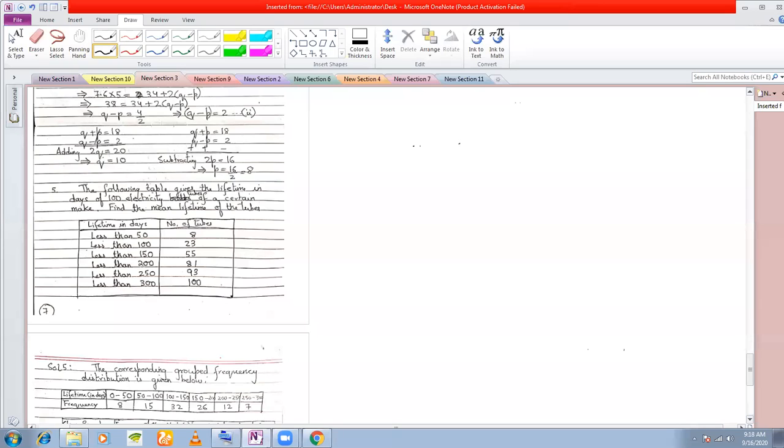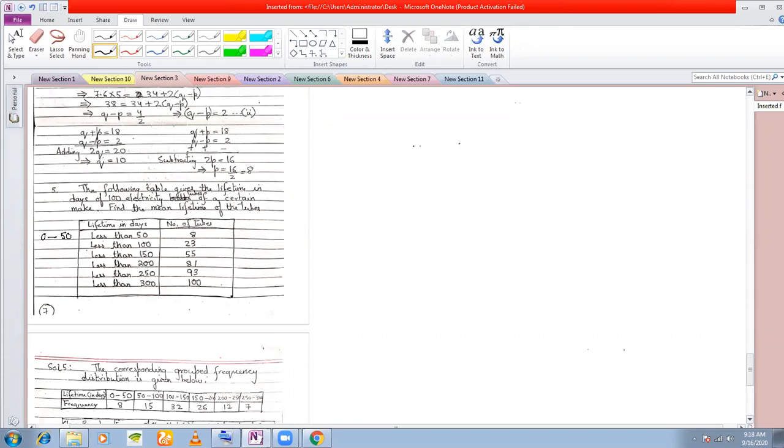The number of electric tubes whose lifetime is less than 50 is 8, less than 800 is 23, and so on. So if you remember when you were doing histograms in class 9, I had solved this kind of a problem, and I had told you that whenever less than something is given, then you can take this as 0 to something. Less than 50 means 0 to 50.